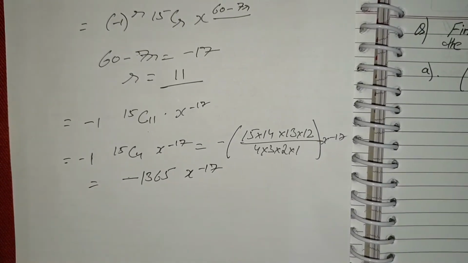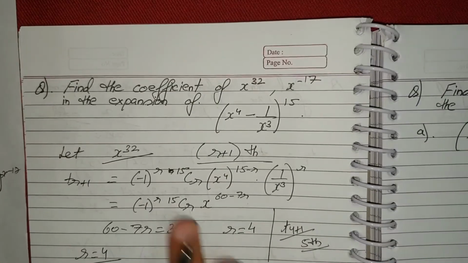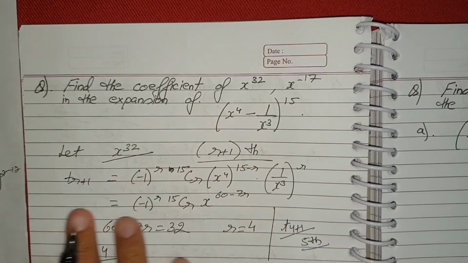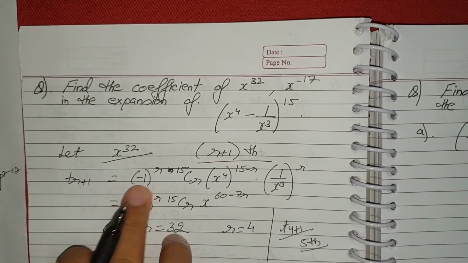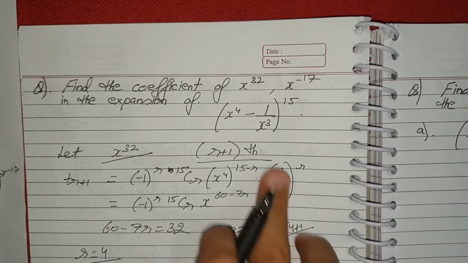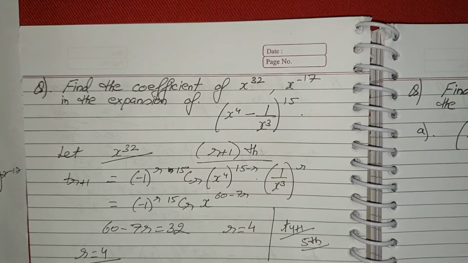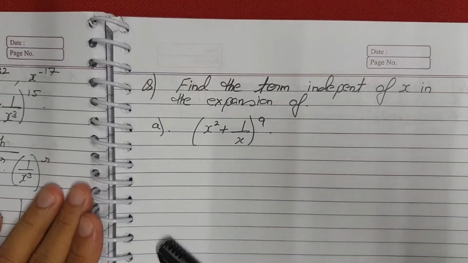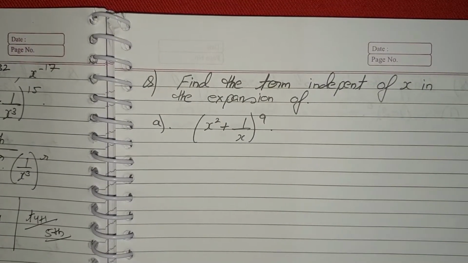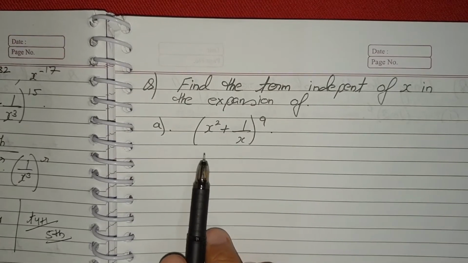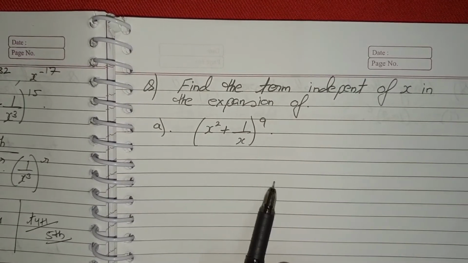So what we have done is find the general term T r plus 1 and then equate the powers of x. Now the next example: find the term independent of x in the expansion of x square plus 1 by x to the power 9.